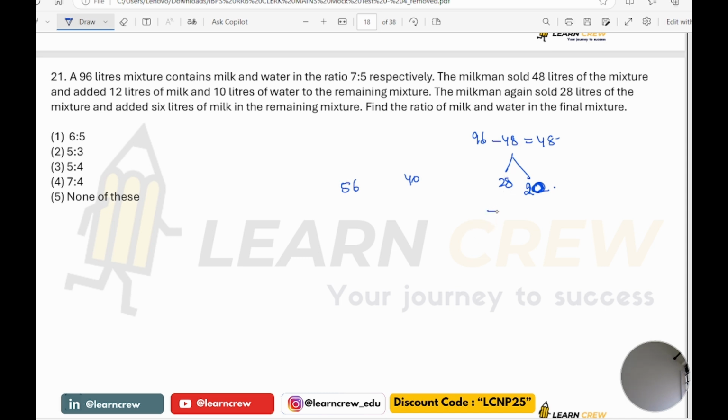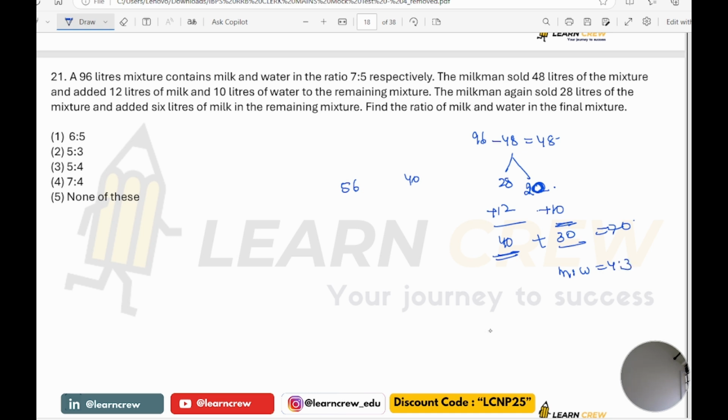Now to the remaining 28, 12 is added, and to the remaining 20, 10 is added. So milk would be 40, water would be 30. Total is 70. So the milk to water ratio is 4 is to 3.